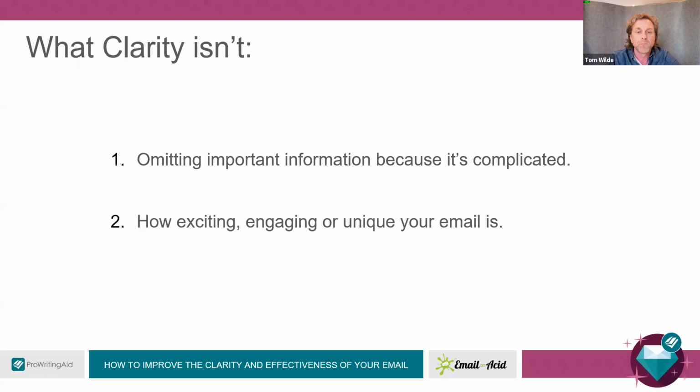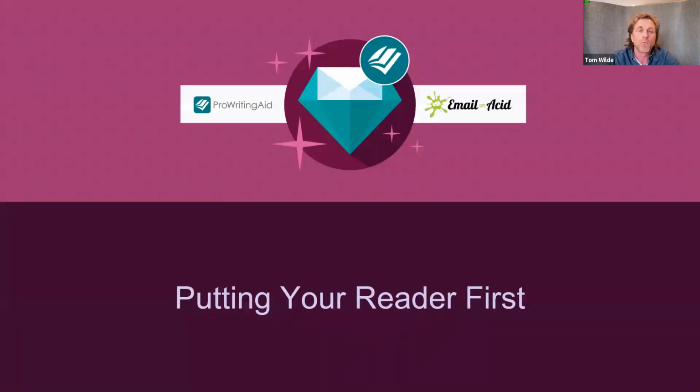Okay, so we know why clarity is so important. We know why we need to make it our number one goal. What is it about the reader? Well, putting your reader first, in my view, is the starting point of the writing process. Too many of us launch into writing as an afterthought. We're close to deadline.